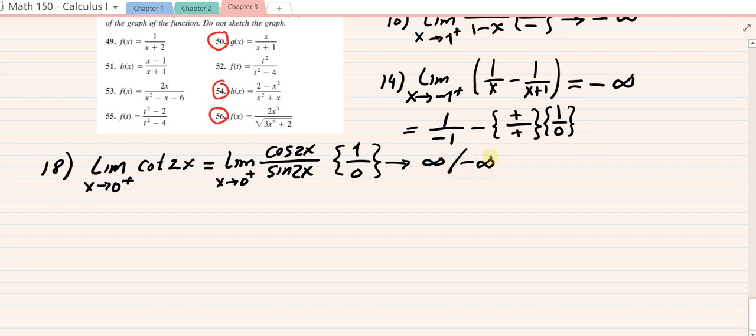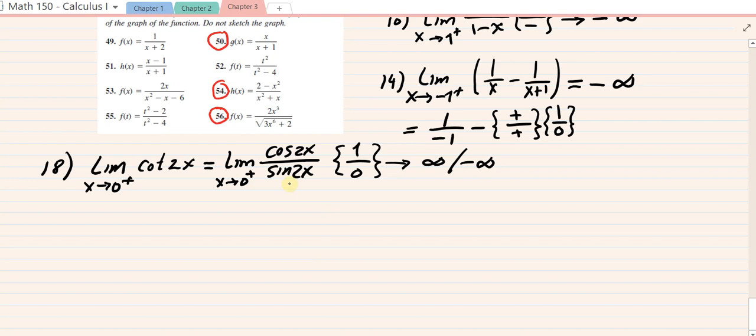Now, the numerator, as x goes to 0, is cosine 2x, right? Let's say this is the graph of cosine 2x. The point being, the numerator, as x approaches 0, approaches 1, right? The denominator is 0, so that's the one we need to really worry about.